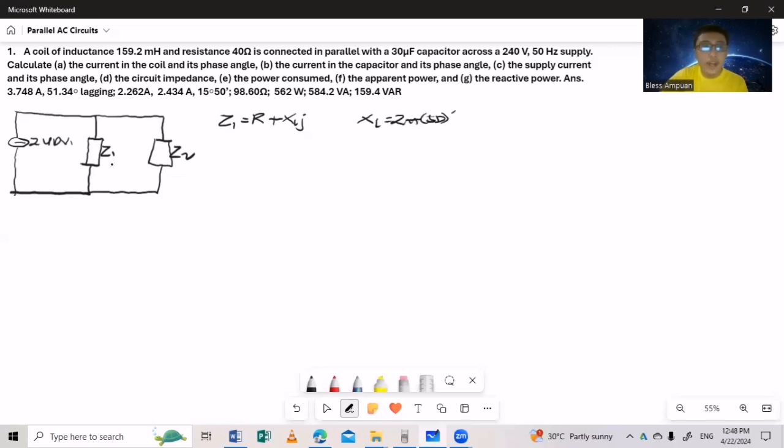and then our given inductance is 159.2 times 10 raised to negative 3. So our X sub L is equal, so you could use your calculator. Our X sub L or inductive reactance is equal to 50.01.